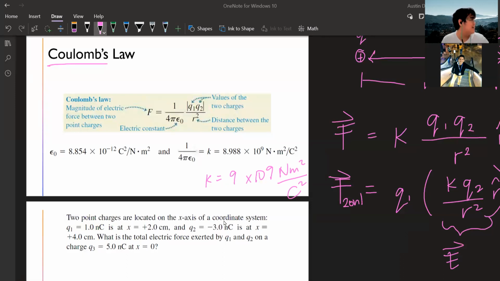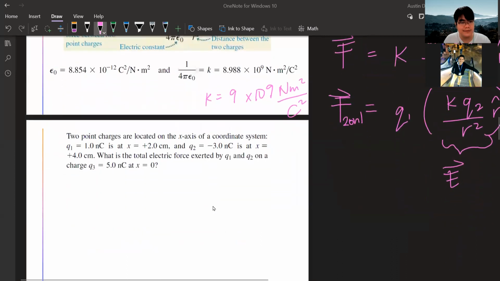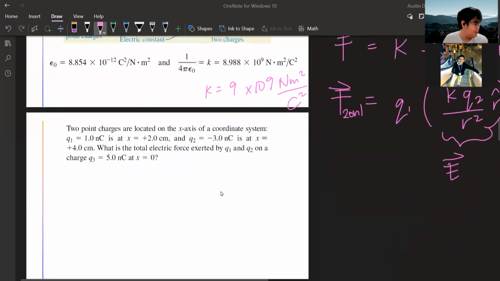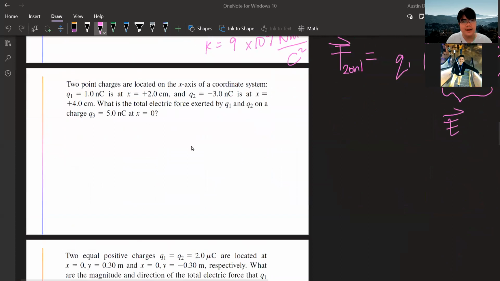Let's try an example. Two point charges are located on the x-axis of a coordinate system. Let's draw it so it looks easy. We draw a coordinate system.